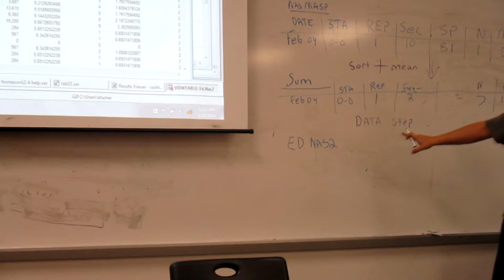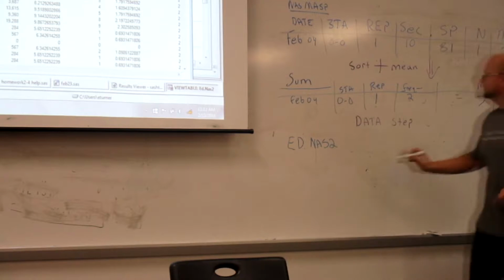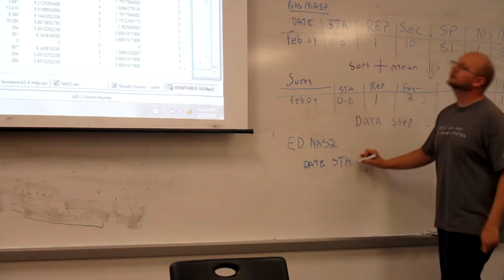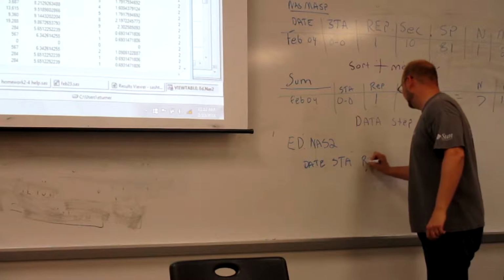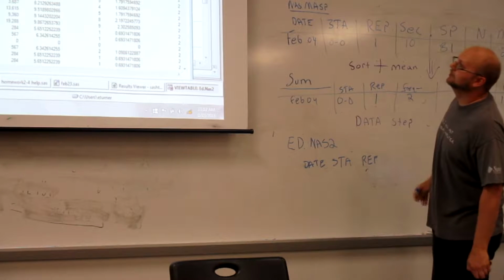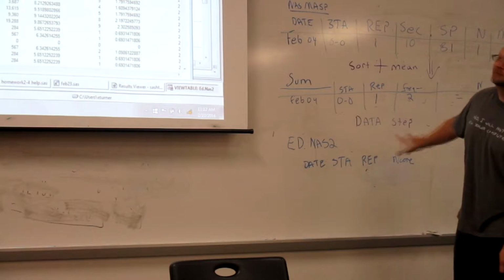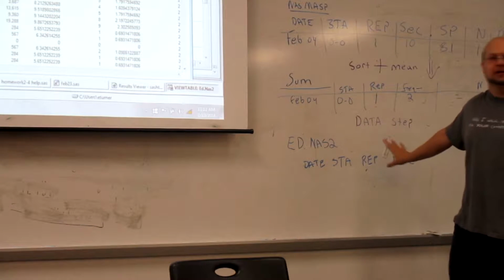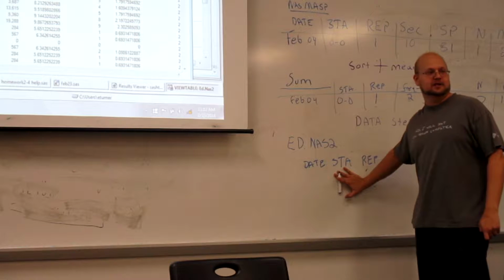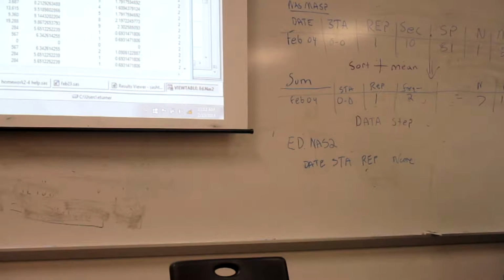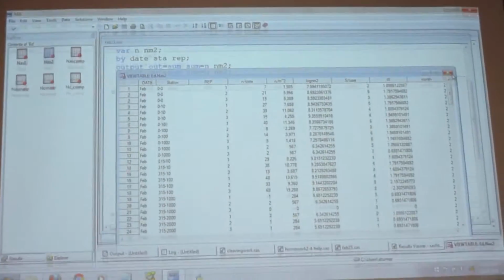Because this is what we're going to do the two-way ANOVA on. You have date, station, and rep, and then you're going to have your core. Anyway, you get the idea, right? So everybody's got to this point. There's nobody that doesn't have this file at this point. Okay. I'll make sure we got there, at least to refresh our memories, because this was on Thursday.